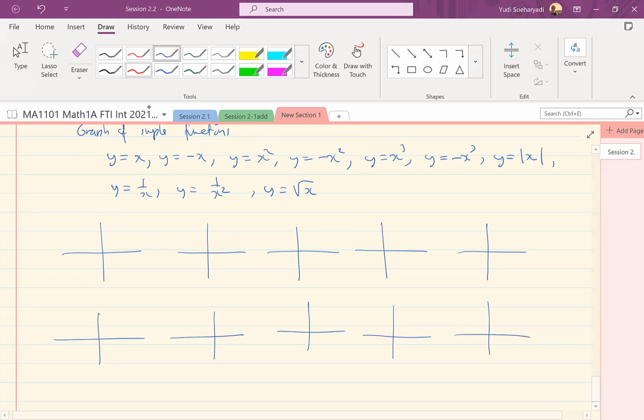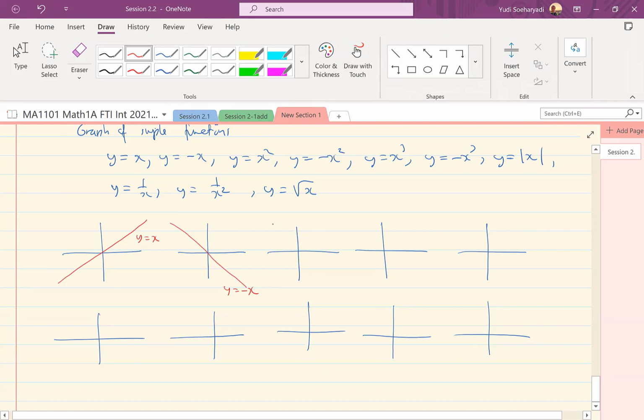Okay, so this is diagonal. This is minus x, the other diagonal. Okay.